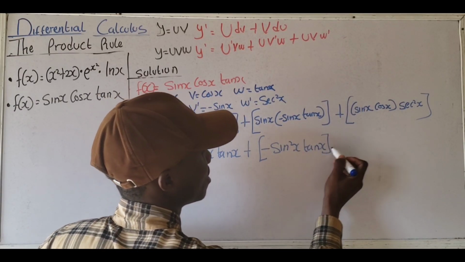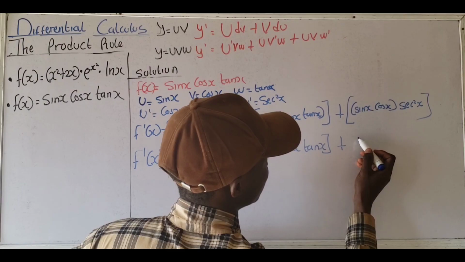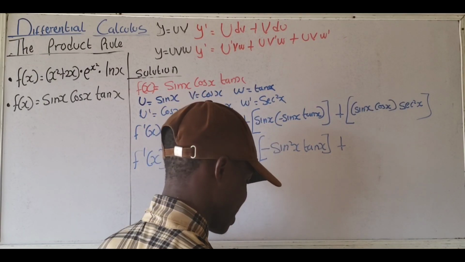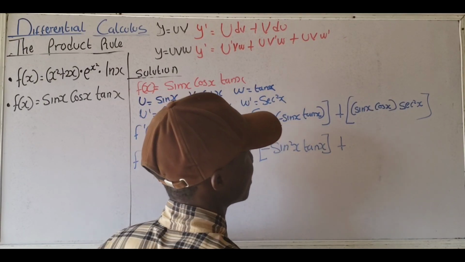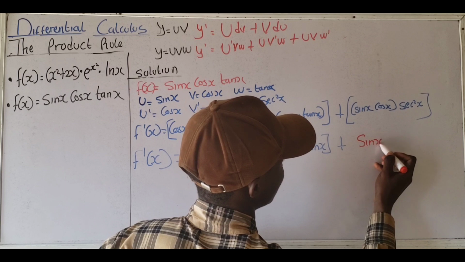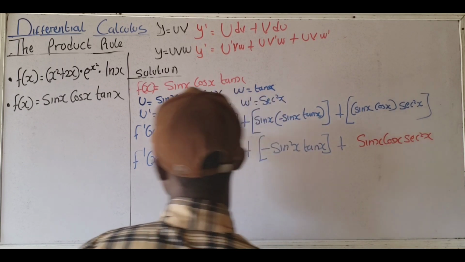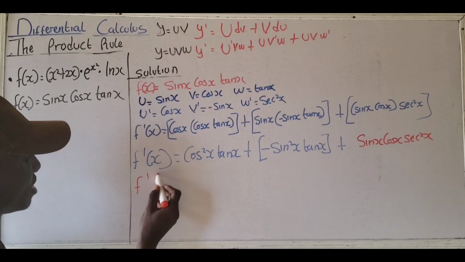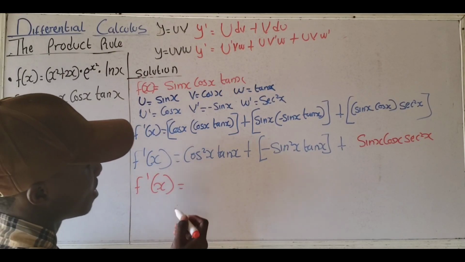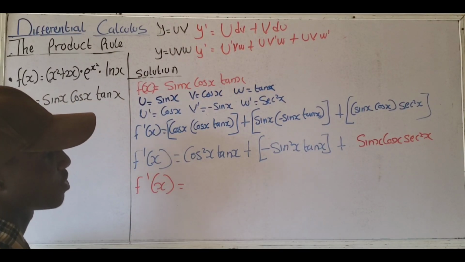Okay, plus sine x cos x sec square x. So the derivative of f of x is, now you can factorize tan.